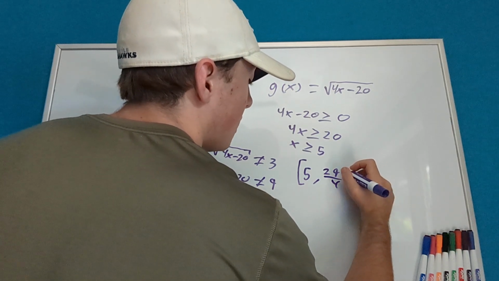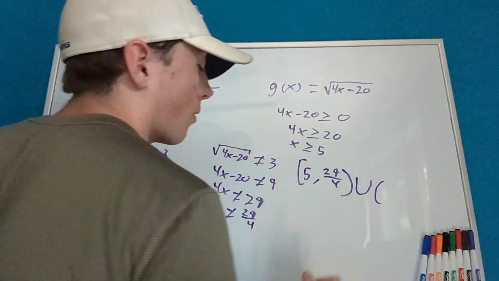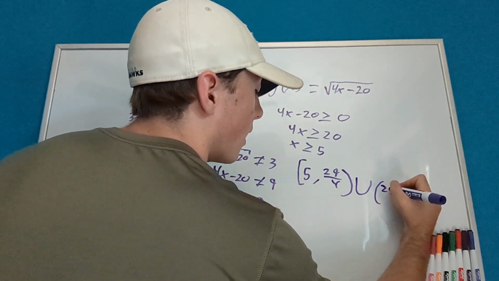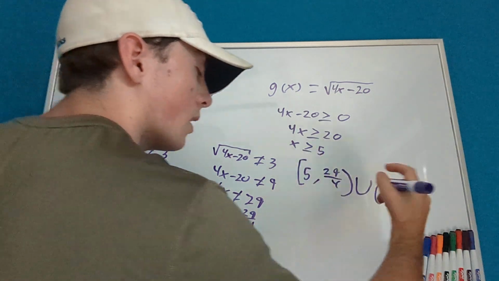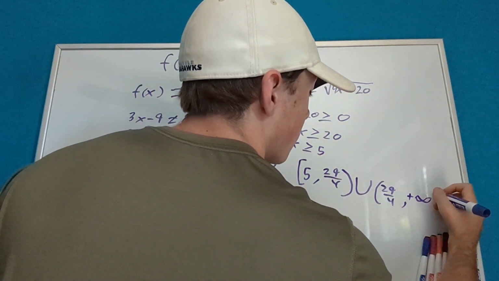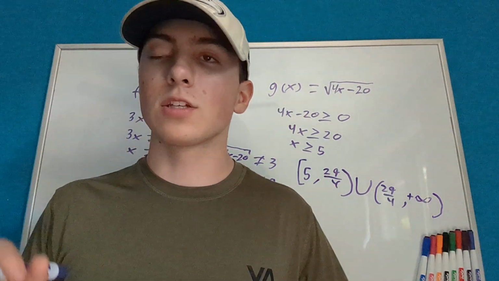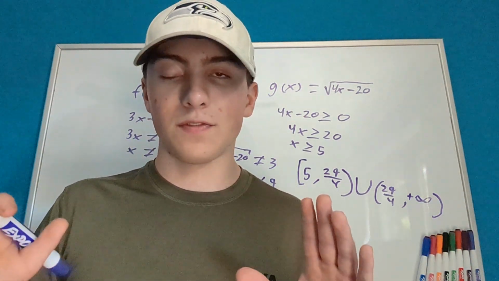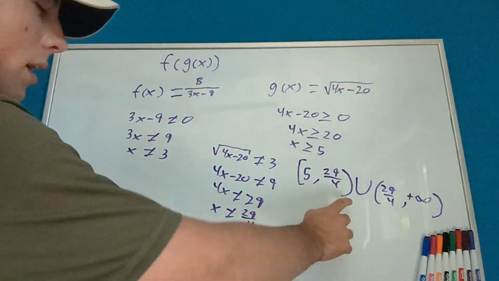And then this is going to be an open bracket, union, open bracket, 29 over 4, comma, then we have positive infinity. Open bracket. You always put an open bracket on infinity, and you do that because infinity is not a number, it's a concept. So here we have our answer.